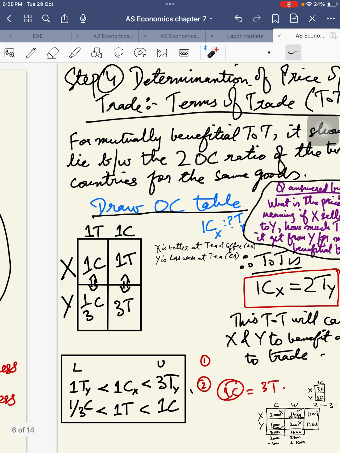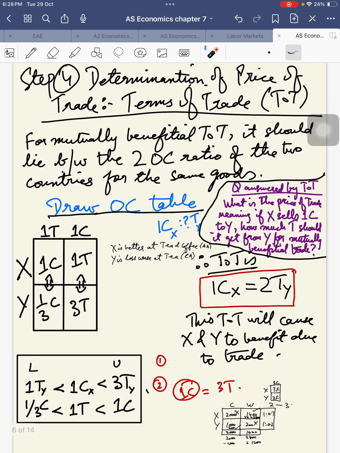Now the next question is, how do we determine the price of trade? How do we determine how much will country X export in terms of coffee and how much will it get in terms of tea? Right? So let's suppose country X is able to export one coffee, how much will it get in terms of tea?